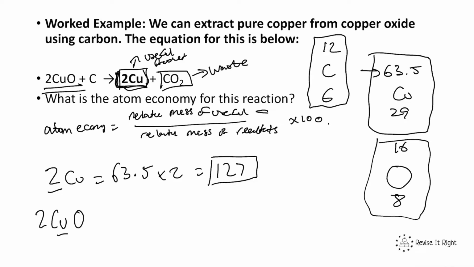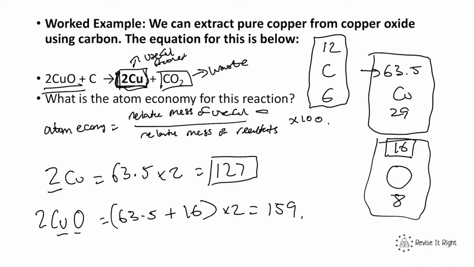So we've got Cu, which is 63.5, plus oxygen, which the mass is 16. But we've got 2 of them, so we're going to times that by 2. When we put that into our calculator, 63 plus 16 times by 2, we get 159. So the relative atomic mass of 2 copper oxide is 159.